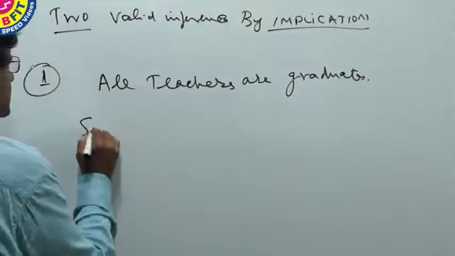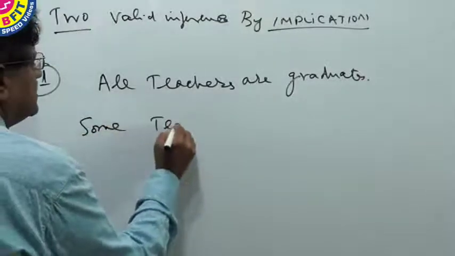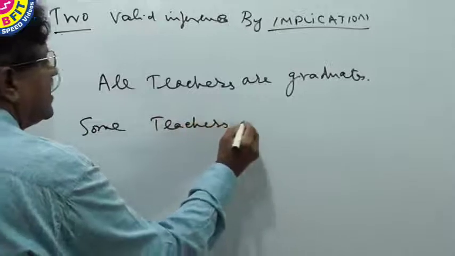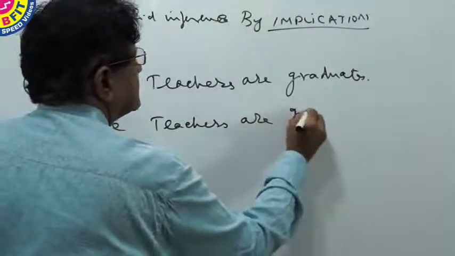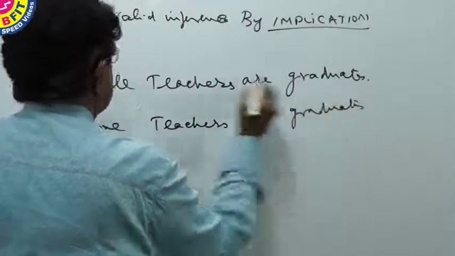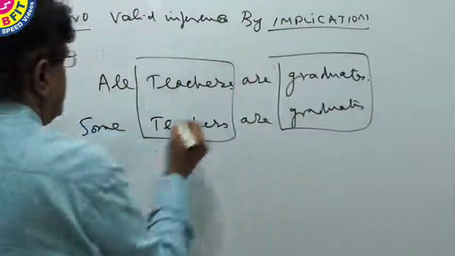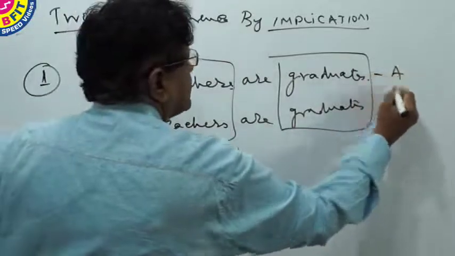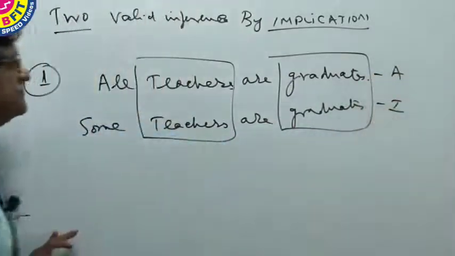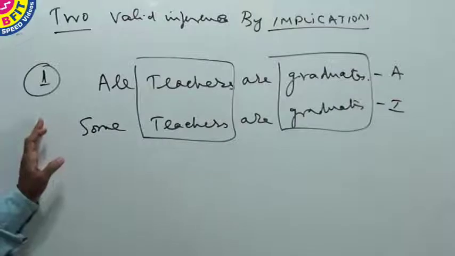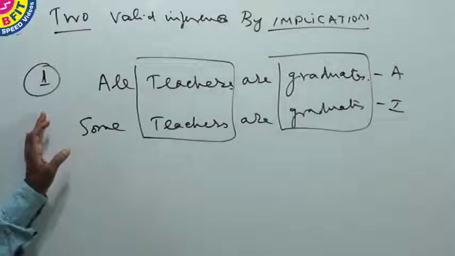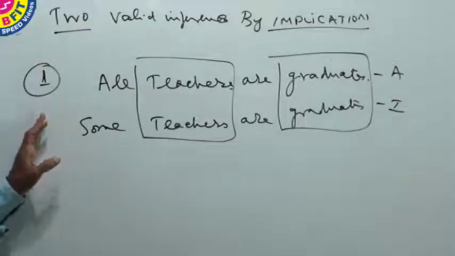Some teachers are graduates. Teachers remains teachers, graduates remains graduates. So this is A type statement, this is I type statement. This is the first valid inference that you can draw by implication.